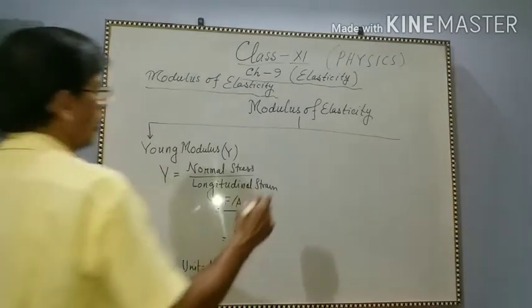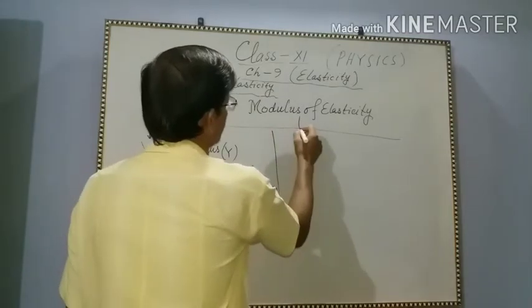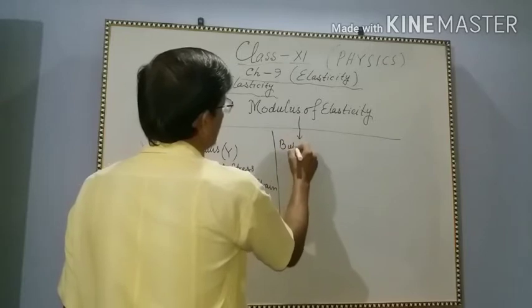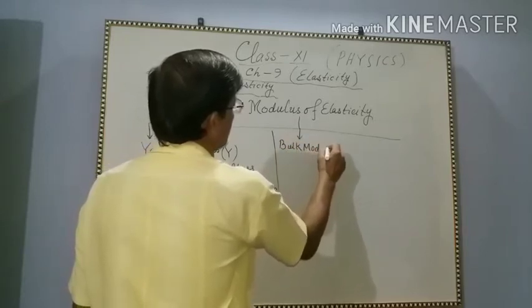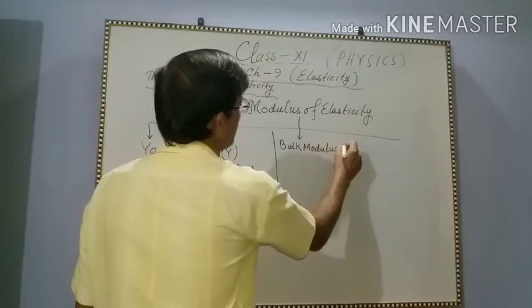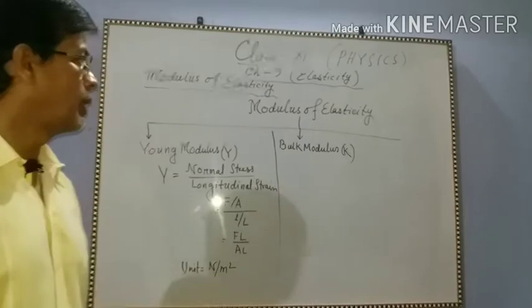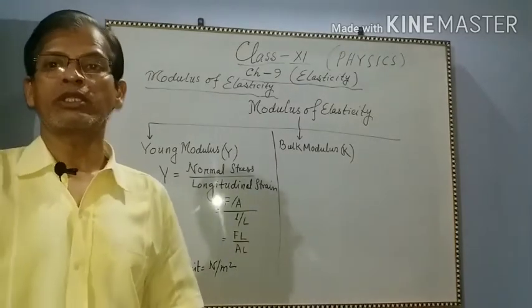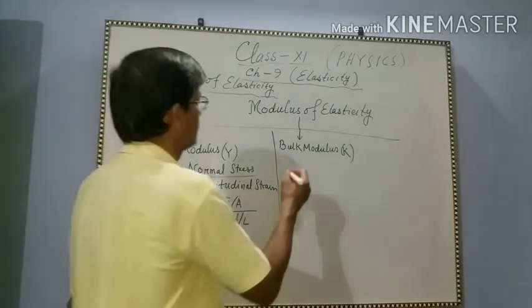Now, volumetric strain, bulk modulus. This is denoted by K. Bulk modulus is the ratio of normal stress to the volumetric strain.